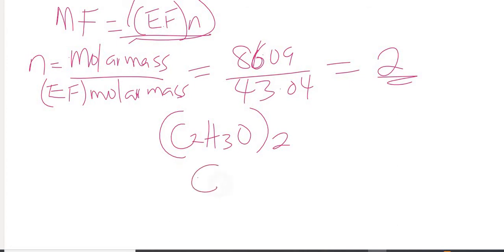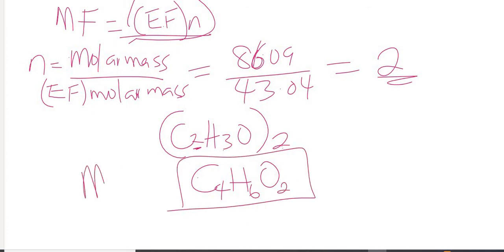It becomes C4, since 2 times 2 is 4, and 3 times 2 is 6, and 1 times 2 is 2. So our molecular formula for this compound is C4H6O2. I hope this helps. Thanks for watching.